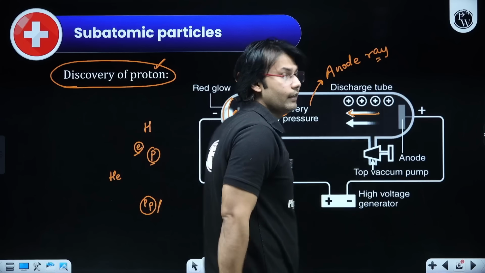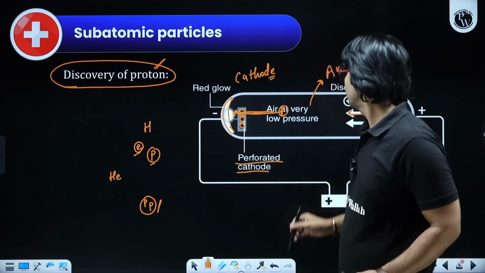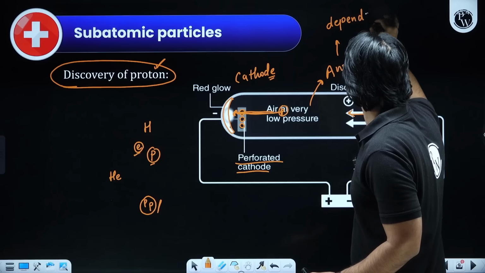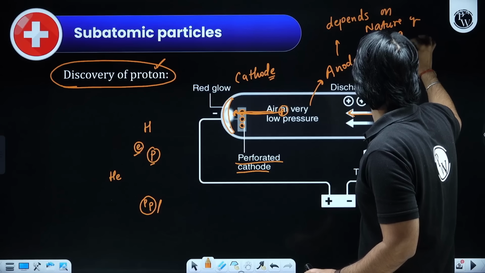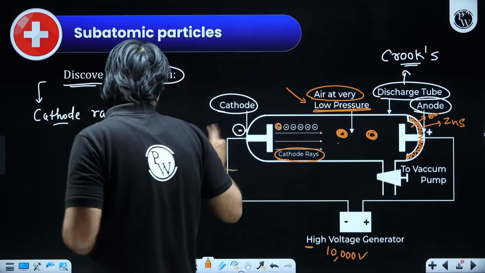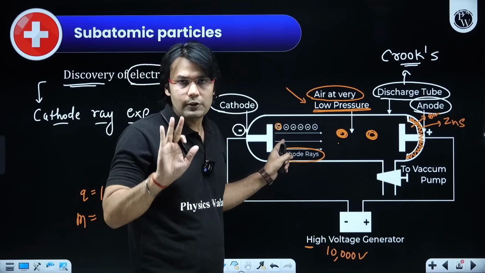And we also say that anode rays depend on the nature of the gas that is filled in the discharge tube. But cathode rays don't depend on the nature of gas.